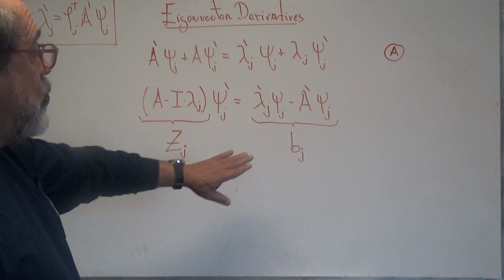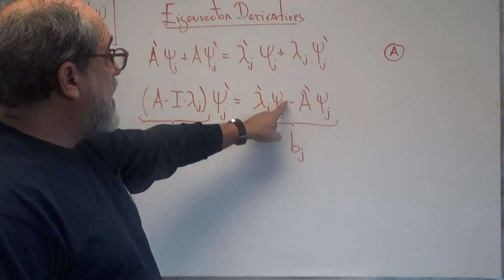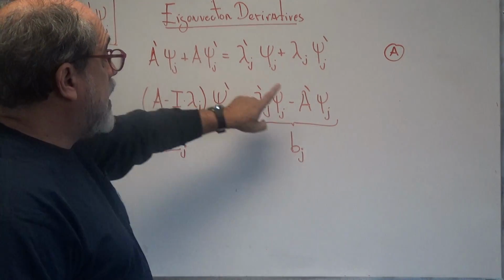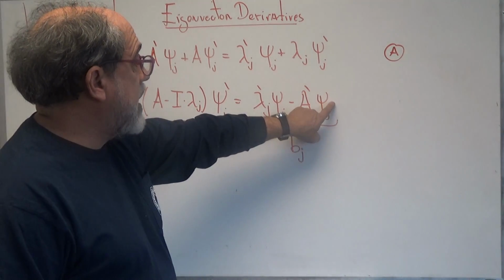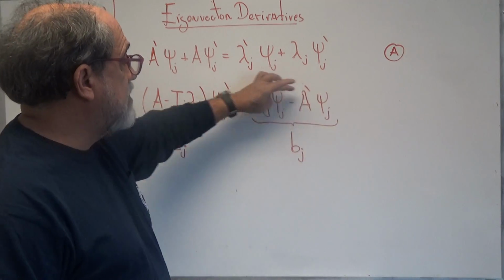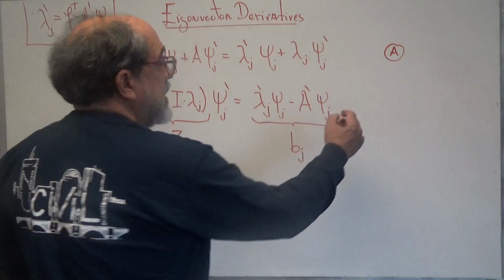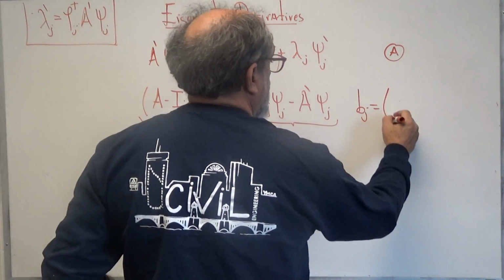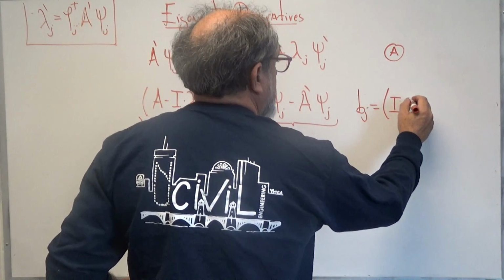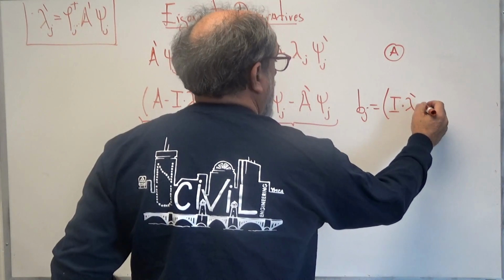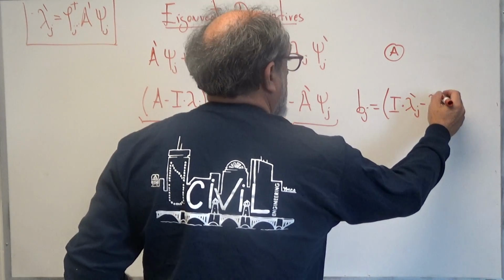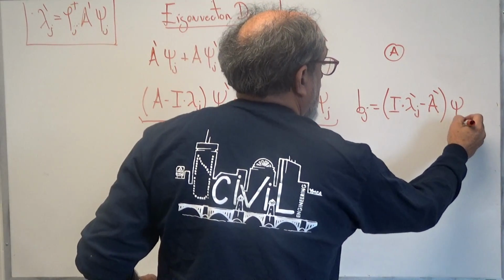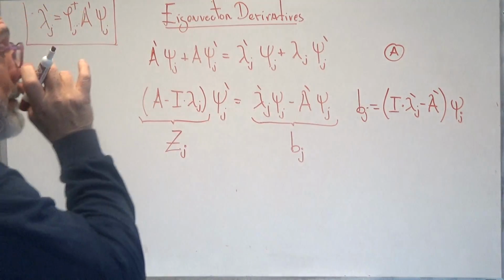This vector Bj, we know what it is, right? Because we know the eigenvector, we know the derivative of the eigenvalue, we know the derivative of the matrix. I could also write it as the identity times lambda j prime minus A prime, times phi j, right?